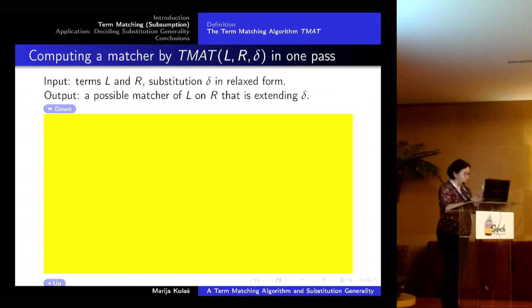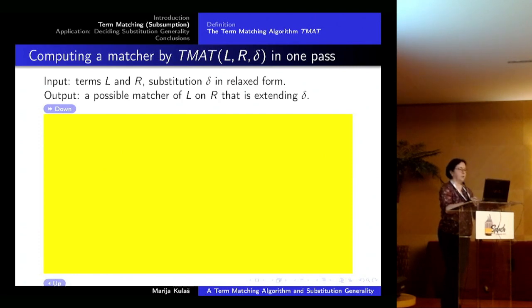And the algorithm for term matching that I have adapted a bit takes, apart from the arguments from the two terms L and R for the purported more general and less general term, also an accumulator.